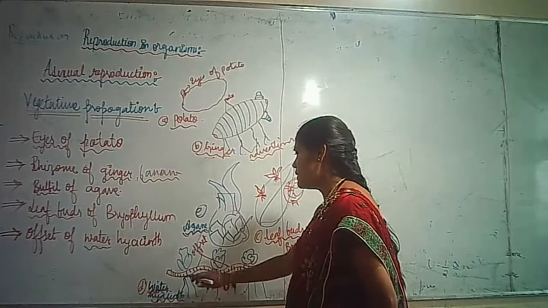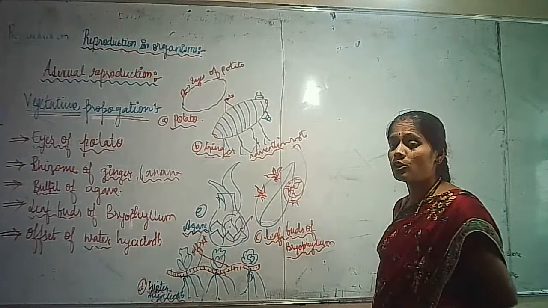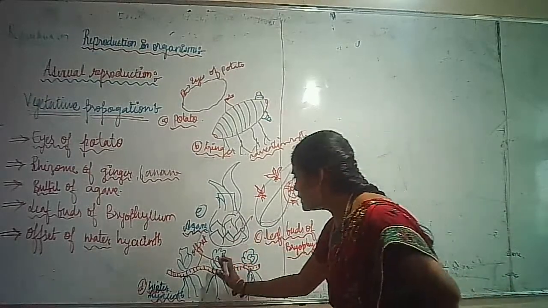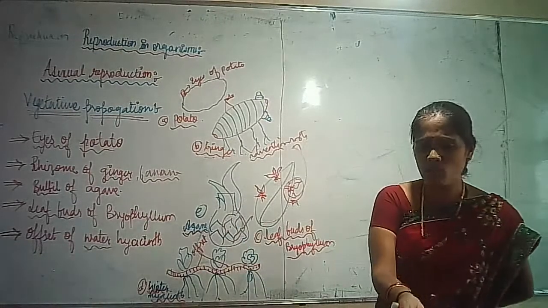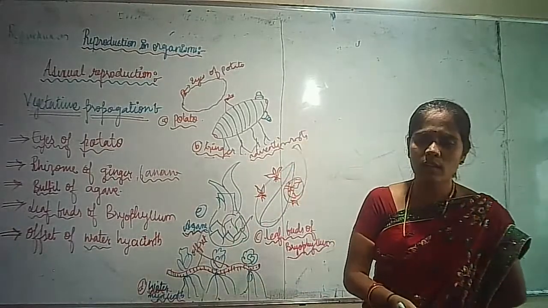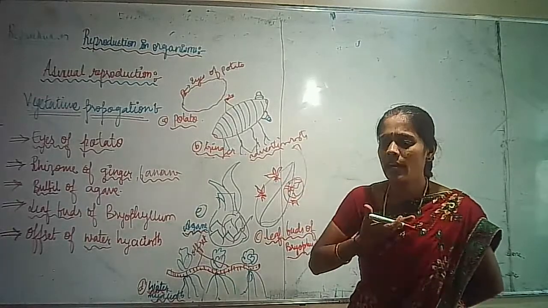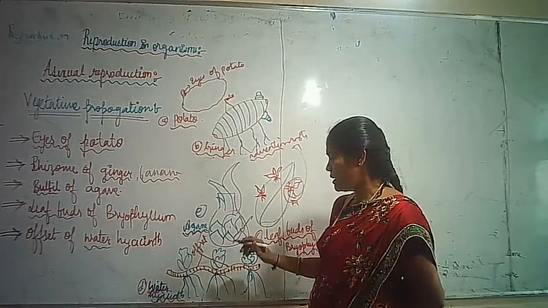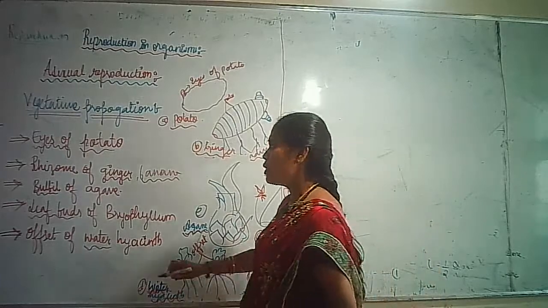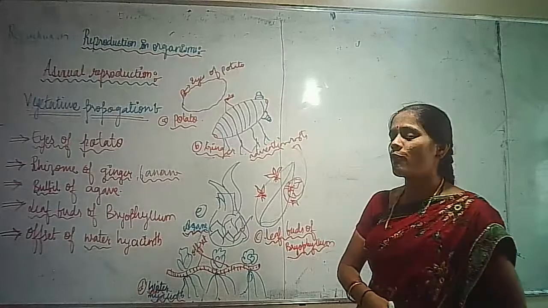This is nothing but an offset. An offset is a vegetative part of the plant. If you cut this offset and place it in the water, it has the capacity to grow into a new plant. Once again, it will start growing. So, what is the vegetative propagule of the water hyacinth?